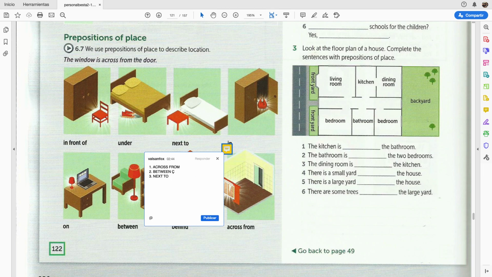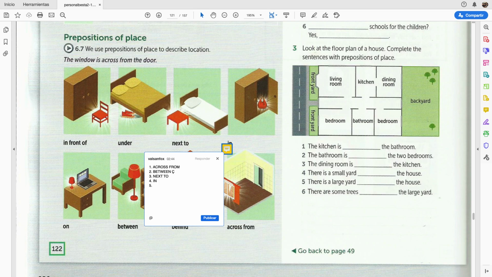Number 4, oh no, there's a small yard, a small garden, in the house. It's inside. Number 5, there's a large yard in the house, the backyard.